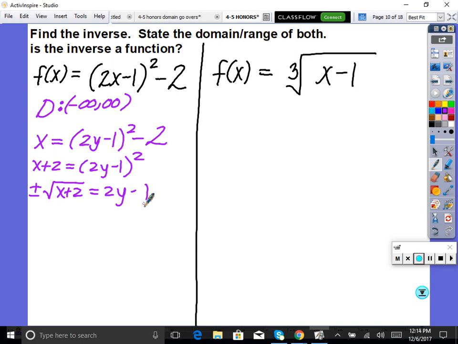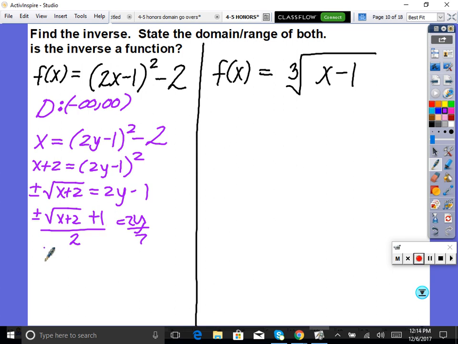Now what? So we have plus and minus the square root of x plus 2, plus 1 out here. Then what? And that equals 2y. Sorry. Then divide by 2. Now look, watch. I'm going to write this in the prettiest format. Now think about it. Isn't this divided by 2 the same thing as multiplying by a half?